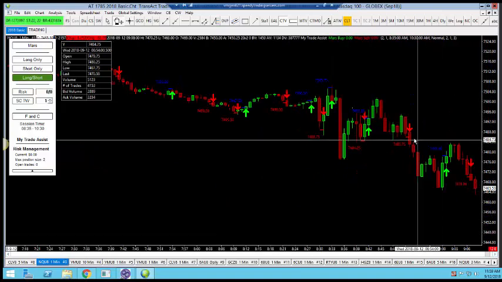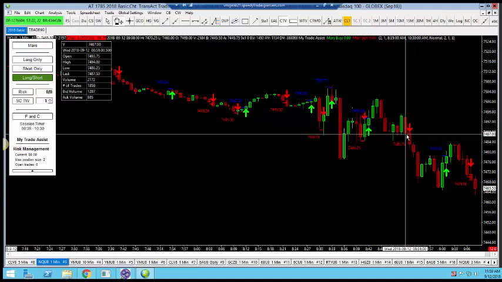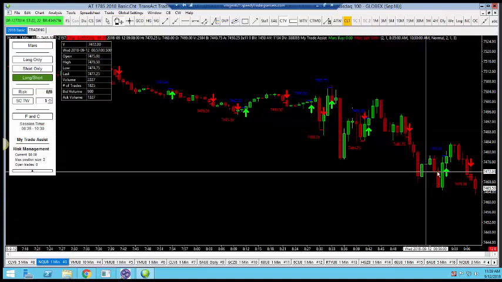Okay, so this is the 1-minute chart sell, and again we're talking now about only an 8-point, 10-point stop. So this is a $200 trade.